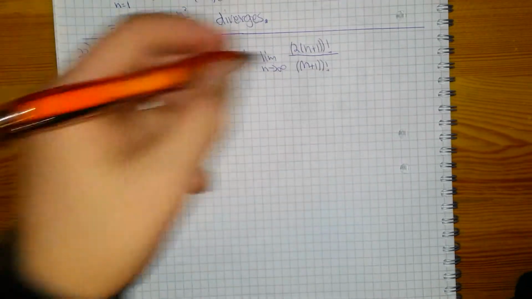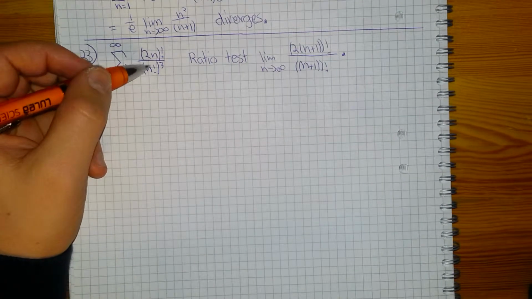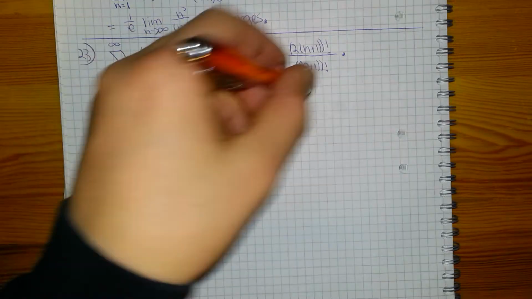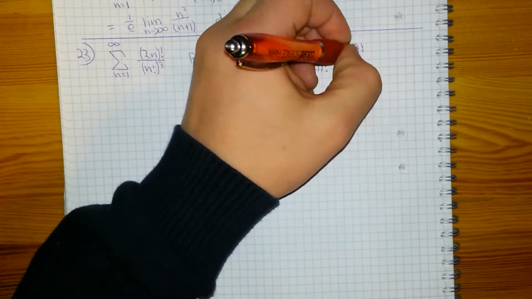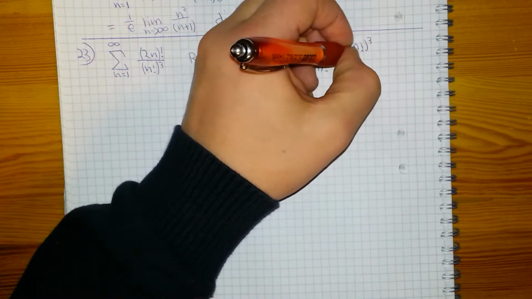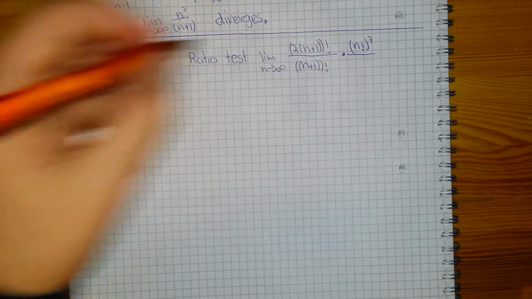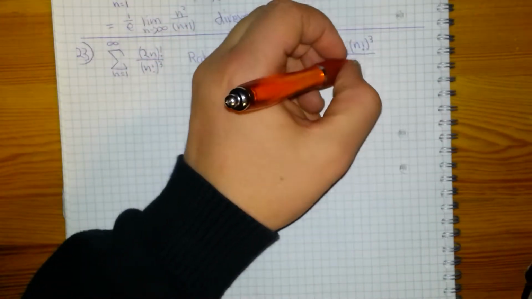Instead of building a tower, I'll just multiply it with the reciprocal of this, which is the same thing as dividing by this, which will be n factorial cubed divided by 2n factorial.